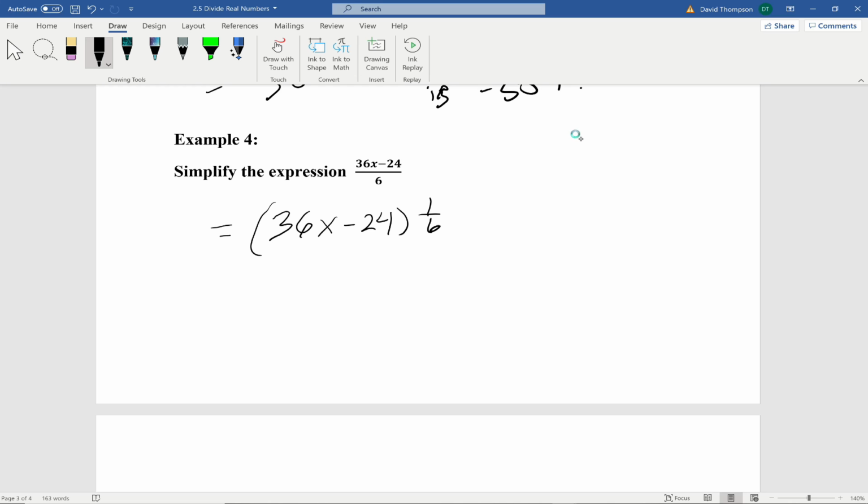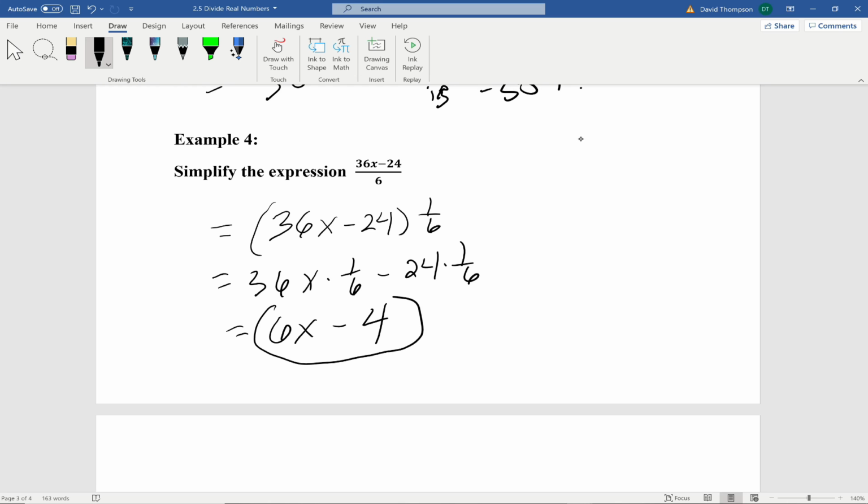And we just multiply now. 36x times 1/6 minus 24 times 1/6. 36 times 1/6 will be just 6x. And then minus 24 times 1/6 would be 4. And we are done. Final answer.